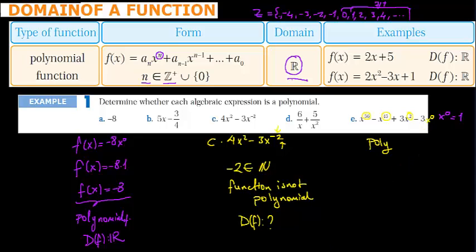X to the power of 0 is not written, and this is a polynomial function, so the domain is going to be equal to R. If you understand that the function is polynomial, we are not doing an operation for the domain. The domain is directly R, we are writing. So this function is polynomial and this function is not polynomial. You should find this one by yourself. Okay, let's continue.